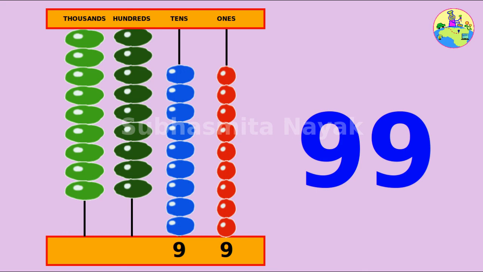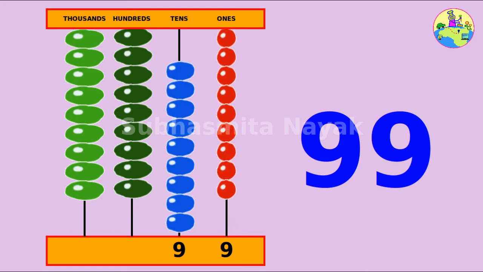This is interesting. Instead of adding one bead in ones place, we can add one bead in tens place. But the problem is in tens place we don't have any beads left. So here instead of adding one bead in tens place and making 10 beads, we will add one bead in hundred place, which is equal to 10 beads present in tens place.